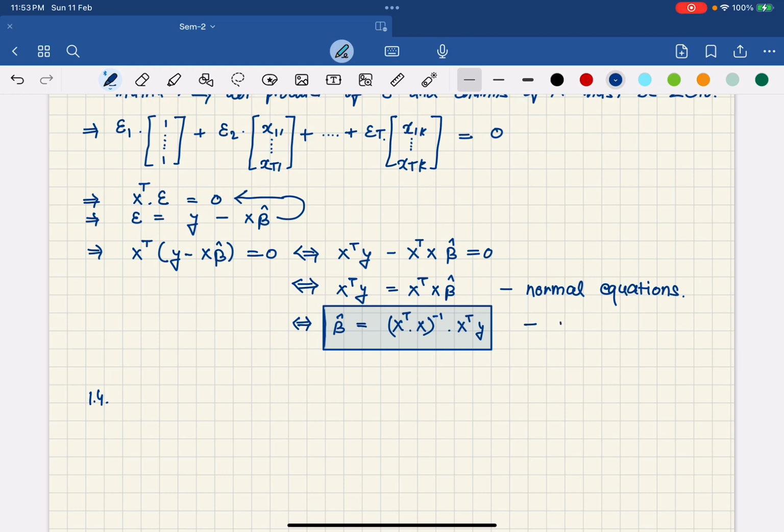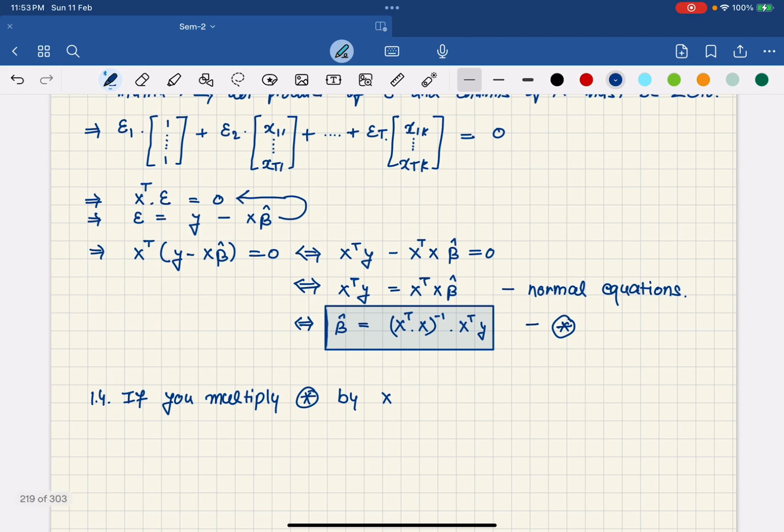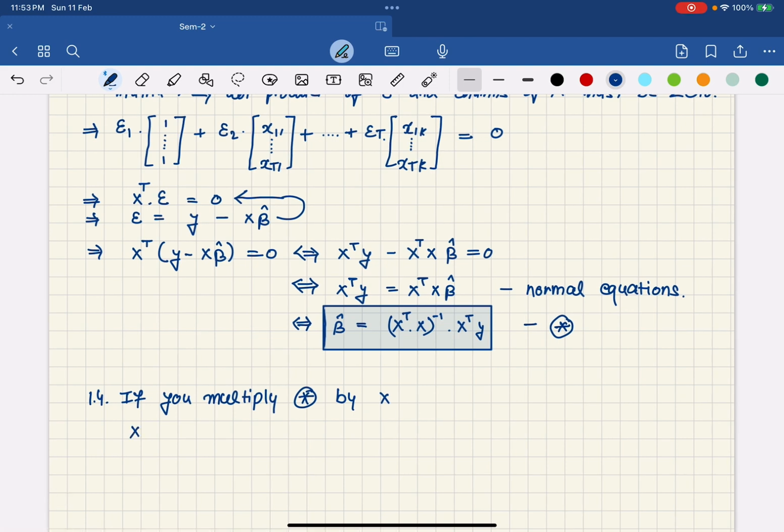Let's say this is our star equation. If you multiply star by x, you will get the value of x beta hat, which is equal to x times this star equation.